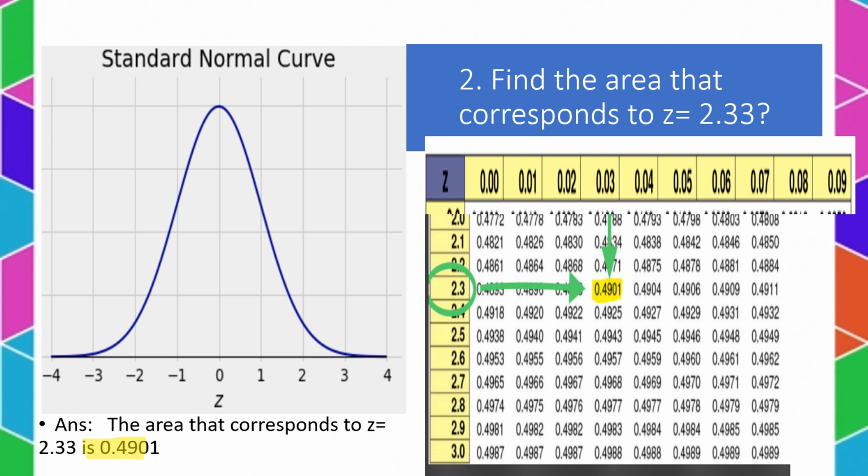And then now we are ready to graph. Okay, so we have from 0, so shade from 0, and since it is positive, okay, so hanapin yung 2.33. Nasa kanan siya, no? Since it is positive.